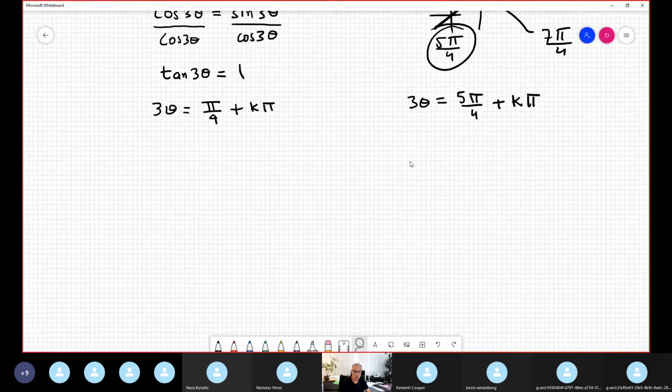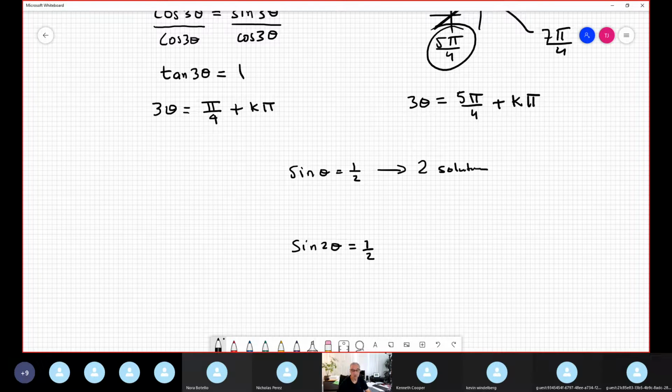Nuela, when you have an equation like that, sine 2 theta equals 1/2, the solution of this equation is different from the solution of this: sine theta equals 1/2. Here you have two solutions. Your solution is pi over 6 in the first quadrant, and in the second quadrant it is 5 pi over 6. But in this case, no. In this case, 2 theta is equal to pi over 6 plus 2k pi.